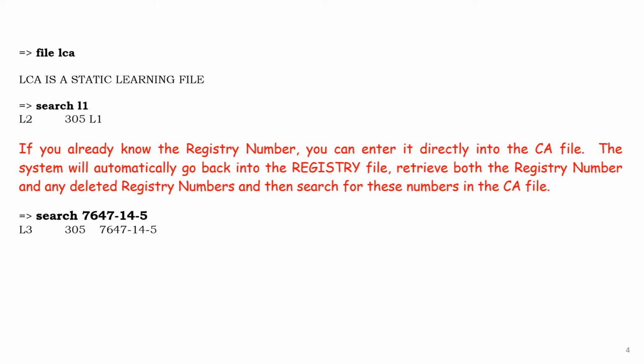It goes back into the registry file, finds a substance, lets you know, and then eventually tells you how many articles are in the Chemical Abstracts file. I always recommend, if you do use STN and you have a chemical substance, it's always a lot easier and clearer to you if you start in the registry file.